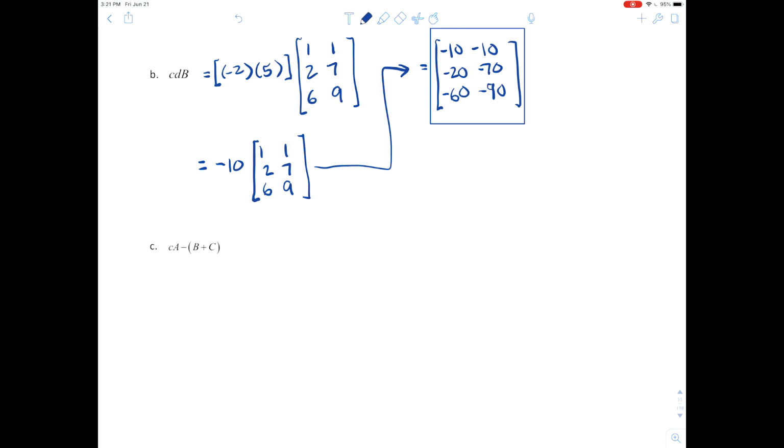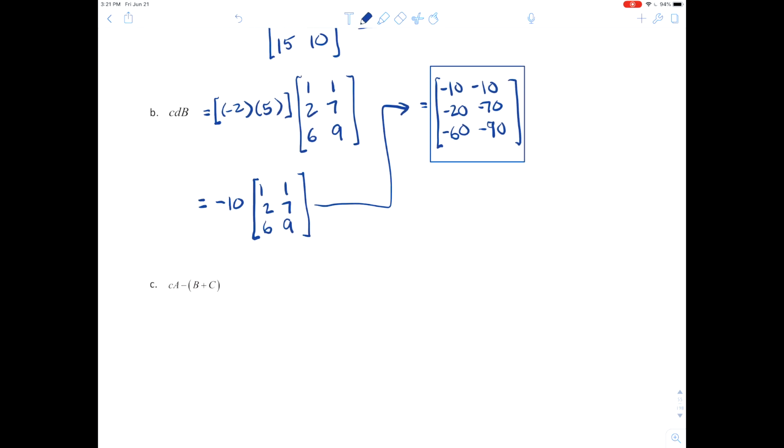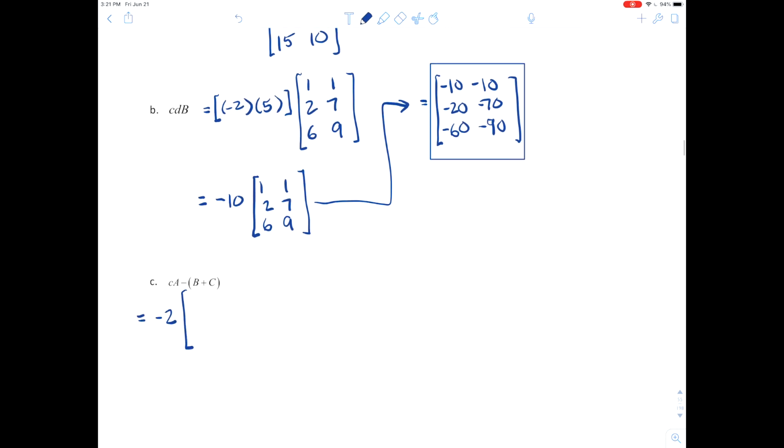C times A minus the quantity B plus C. So what was C again? C was -2. So we will have -2 times A, which is -3, 5, 3, 4, 4, 8. And then minus this sum of matrices.